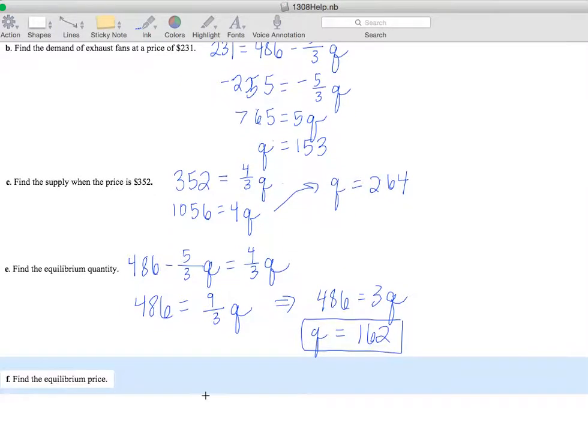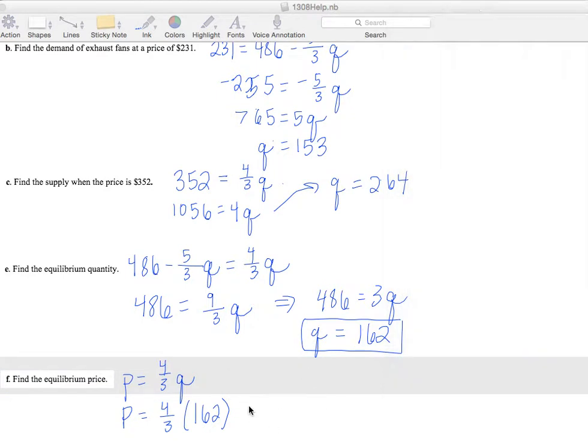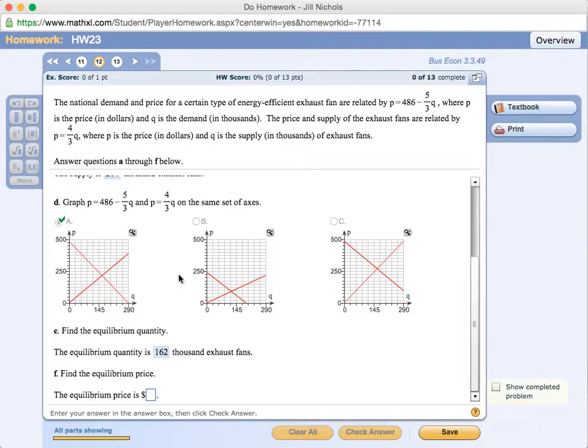P equals 4/3 Q. And we'll plug in 162 for Q to get P equals 4/3 times 162, which is 216, the equilibrium price. Okay, and that's it for that problem.